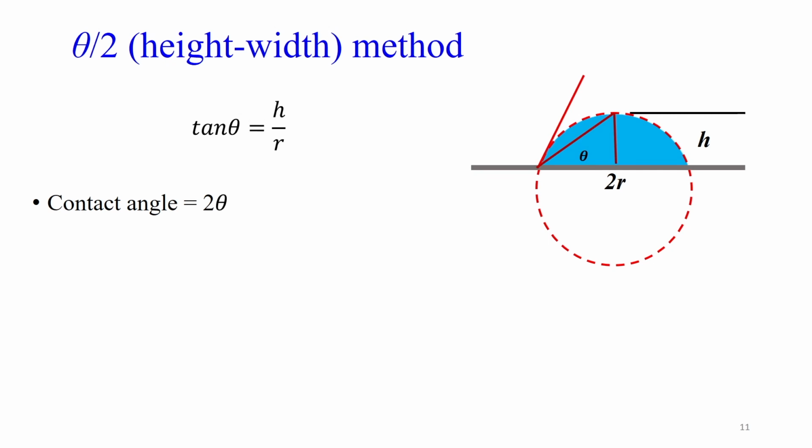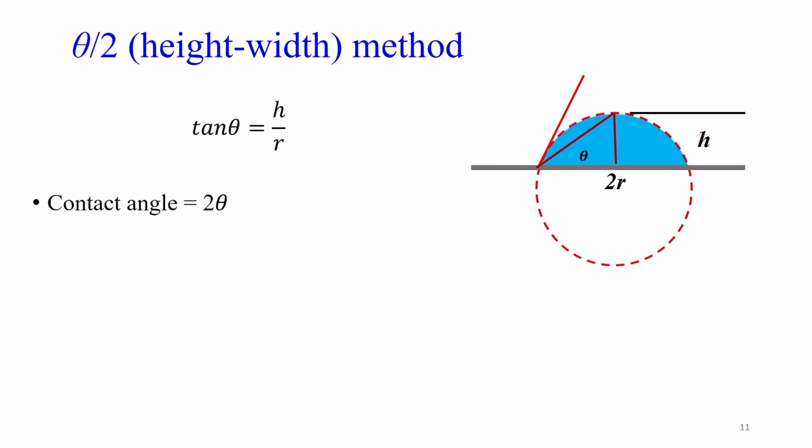Now, the second method, as I was saying, is if you have a camera attached to a computer with image analysis software, it can easily calculate the value of H and this length. Let us say this is R, so the whole length will be twice R, and here we say this angle is theta.